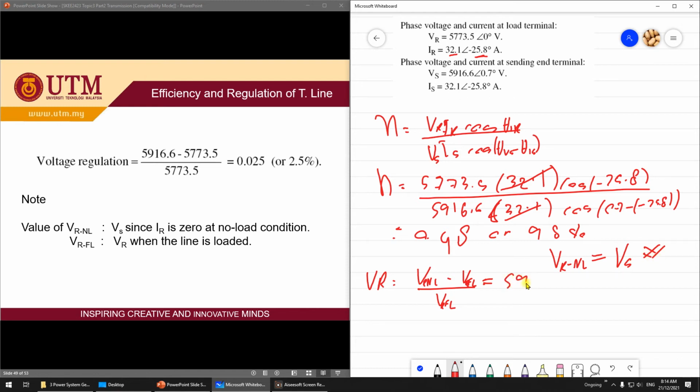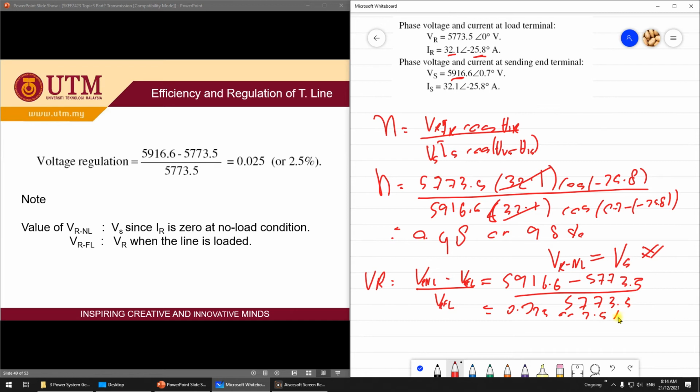So 5916.6, the sending voltage, minus the full load voltage. You have to use the full load, don't use half load or anything. 5773.5, and then divide by the same one, 5773.5. So you get 0.025 or 2.5%.